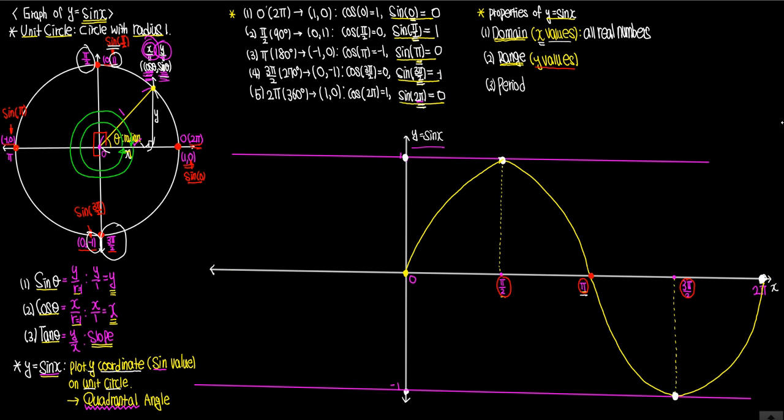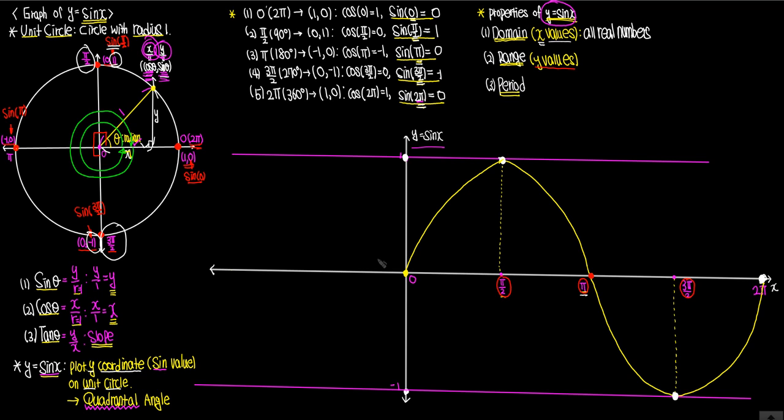Next thing to talk about is the period for the y equals sine x graph, and the period is the most important thing when we're thinking of trigonometric function graphs, especially the y equals sine x graph.